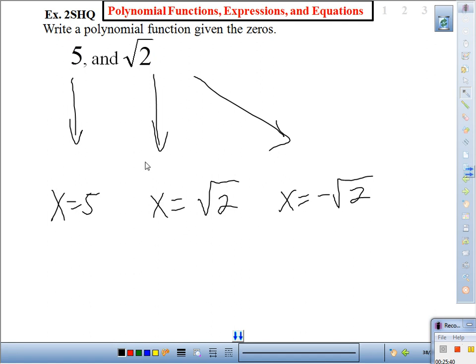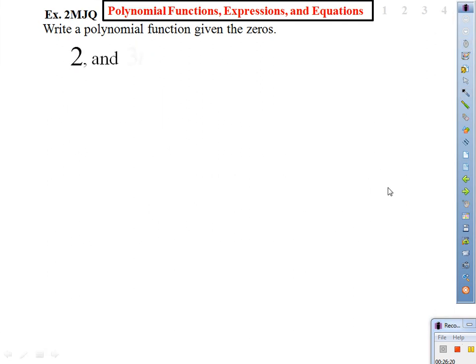This becomes what? x minus square root of 2, x minus negative square root of 2, and then whatever. I mean, plus square root of 2. All right? Does everybody understand why we wrote 1 and 2 like this? Because square roots are what? Plus minus.